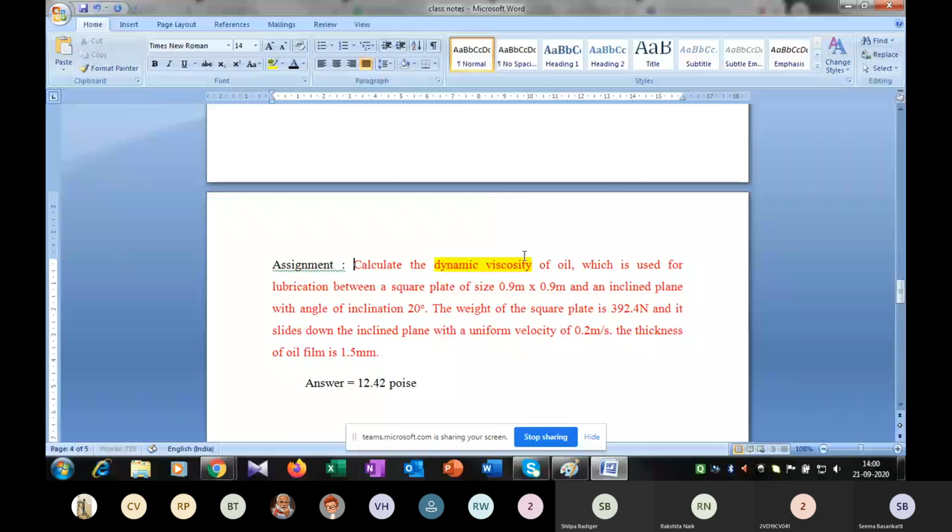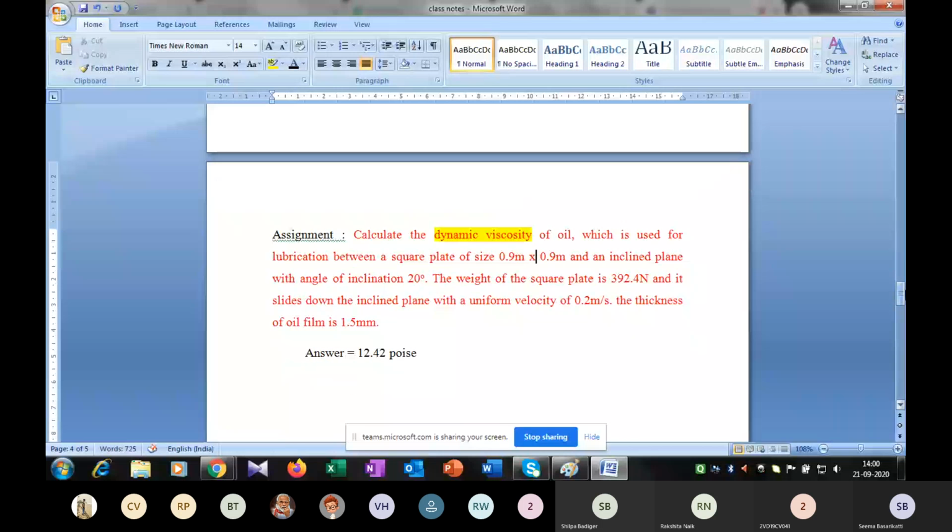Please note down the values. Solve it by yourself.